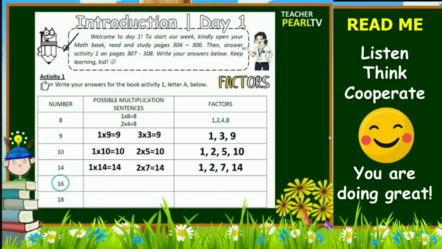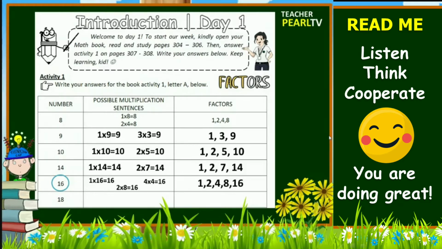That is 1 times 16, and then 2 times 8, and then 4 times 14. So, the factors of 16 are 1, 2, 4, 8, and 16.